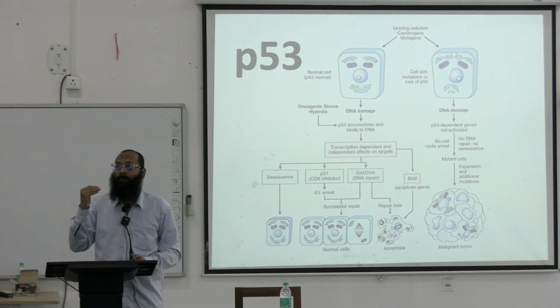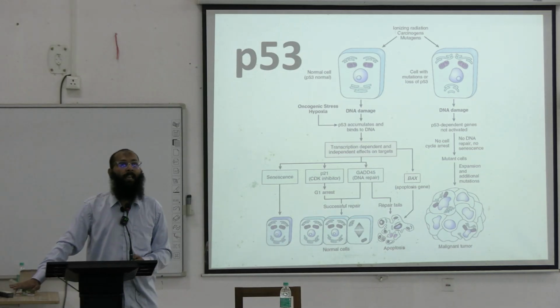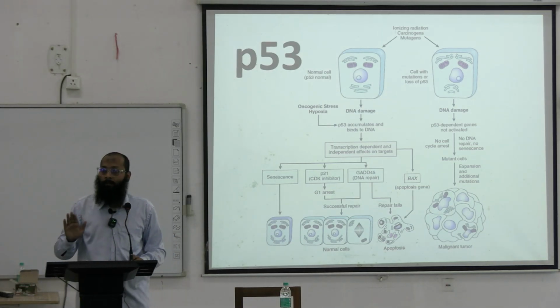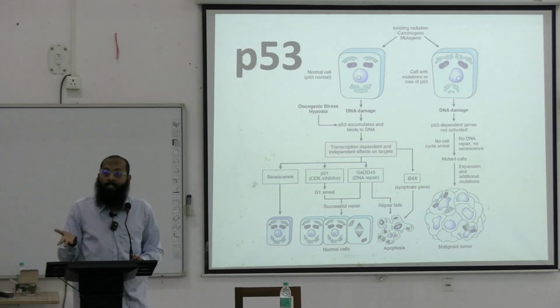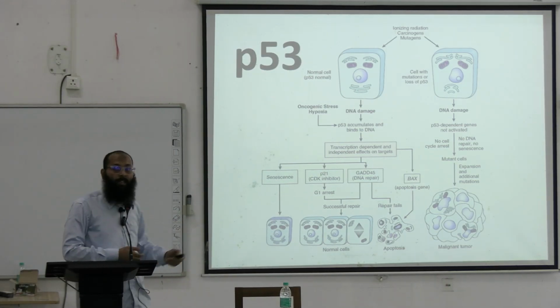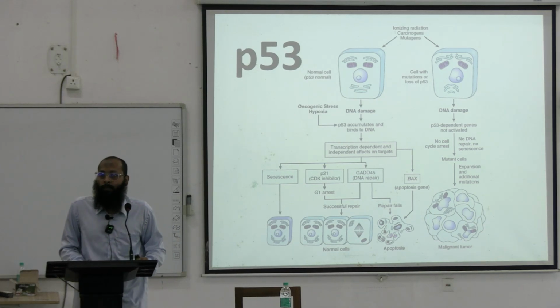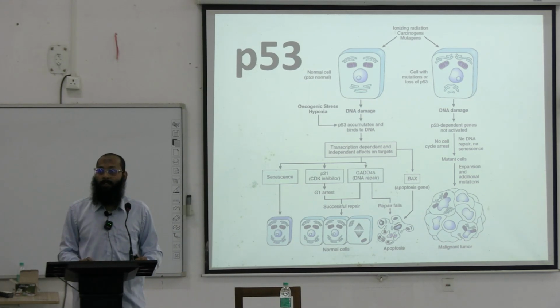So what this p53 is doing, it is putting a brake on the cell cycle, then stimulating the DNA repair enzymes. Why is it stimulating these DNA repair enzymes? For correction of that mutation.